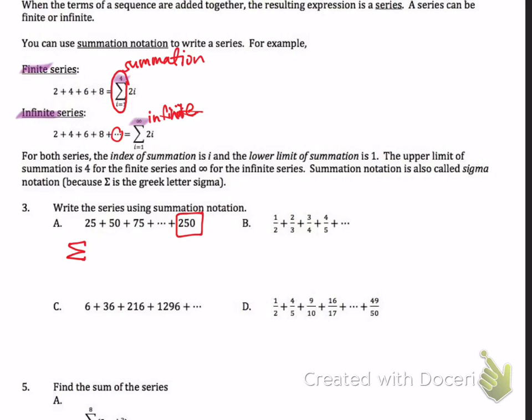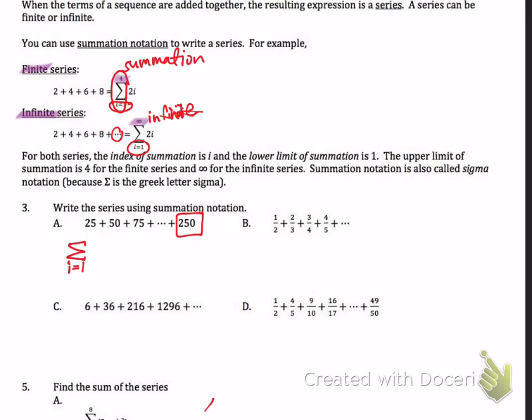It's going to start at, you'll notice both at the bottom, i equals 1. You use the letter i. That just means my starting point, like n equals 1. But we use the letter i when you have summation notation because a Greek mathematician said so. So I'm going to put i equals 1. We're starting at 1.